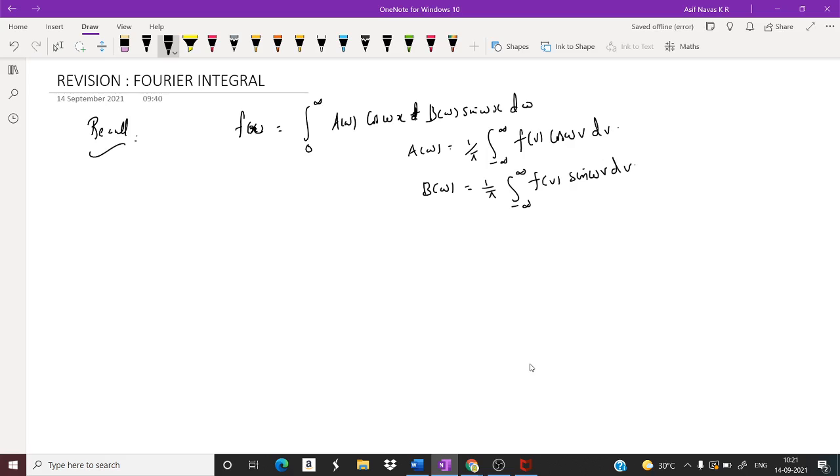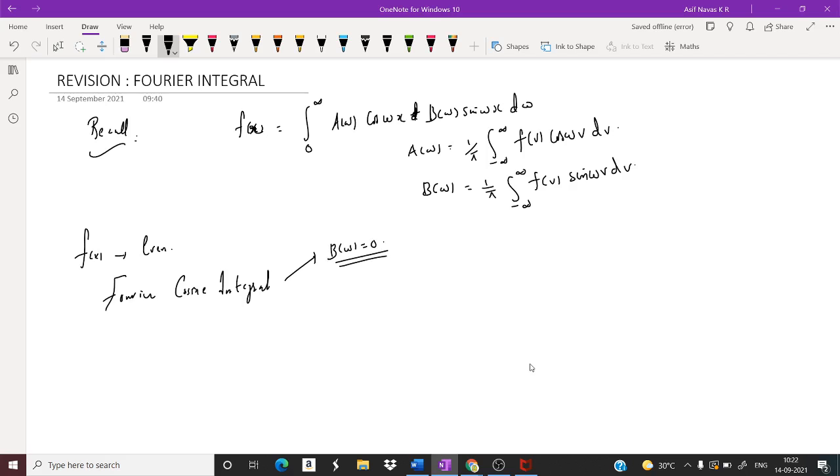Now, if our function f of x is even, then we get a Fourier cosine integral, which contains only cosine terms, that is, b of omega must be equal to 0.